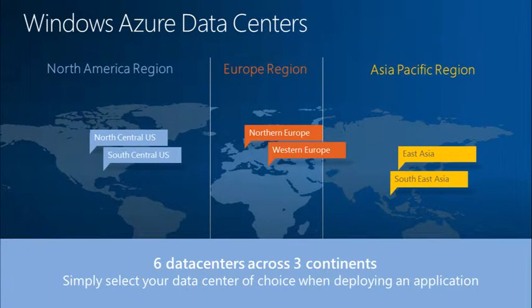They're not shown on here, but we have 26 CDN nodes around the world. So you can edge cache your images and other types of content. Regardless of where your users are coming from, they're going to have a really low latency, great experience with that cached content using the Windows Azure CDN. And the great thing about the Windows Azure CDN is that all you need to do is click a checkbox in the Windows Azure management portal to enable CDN for your storage account.